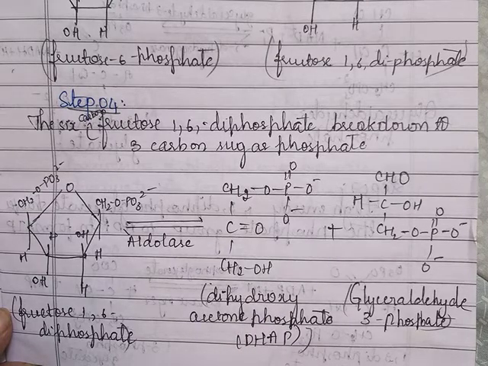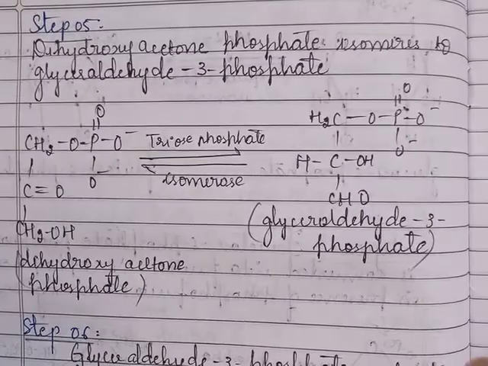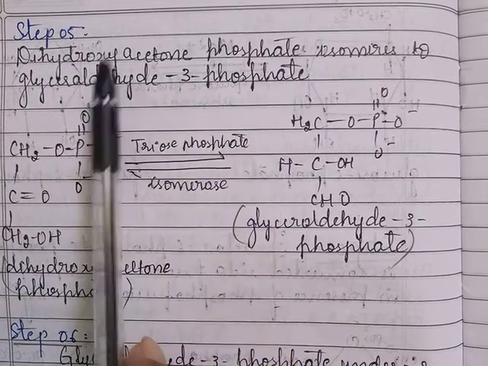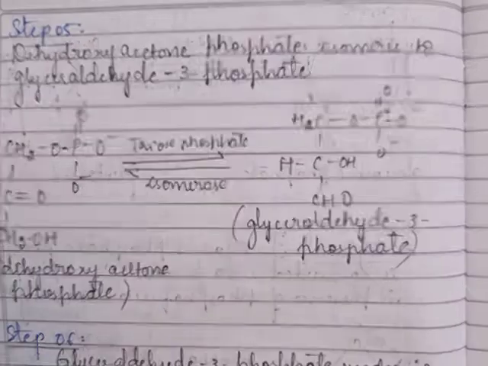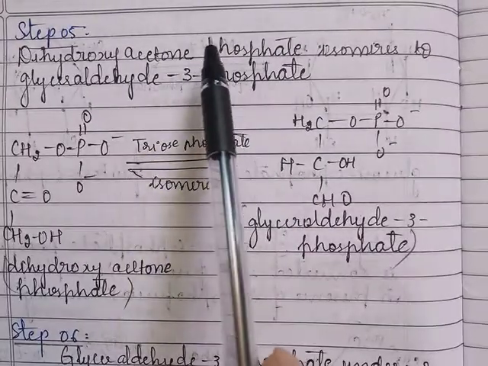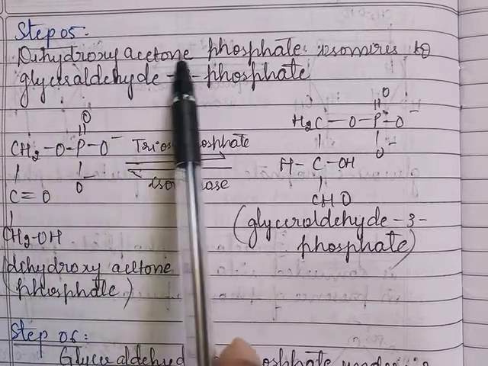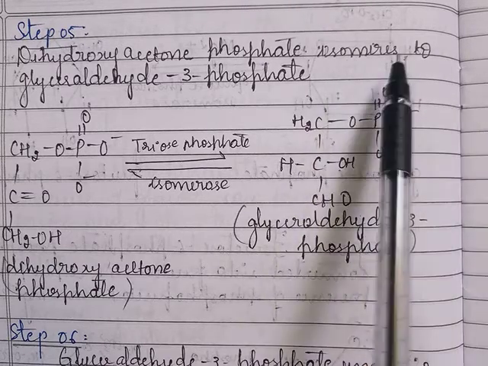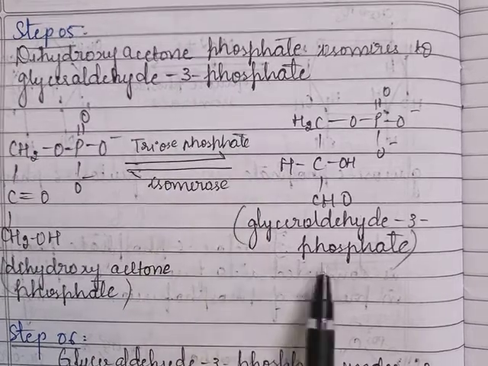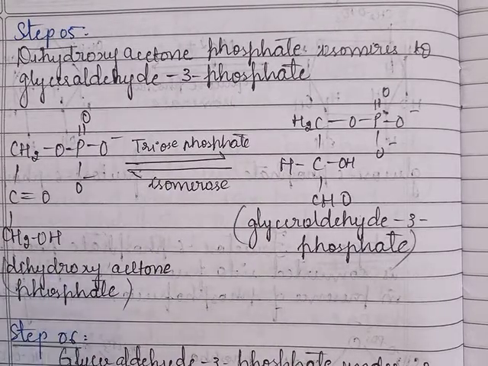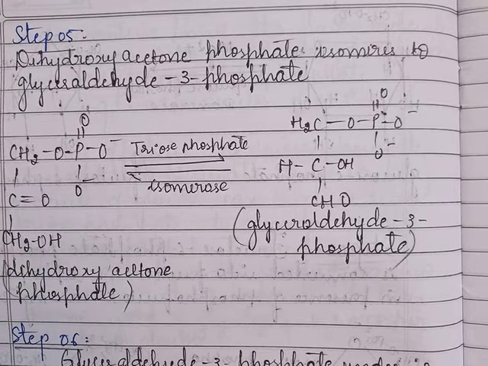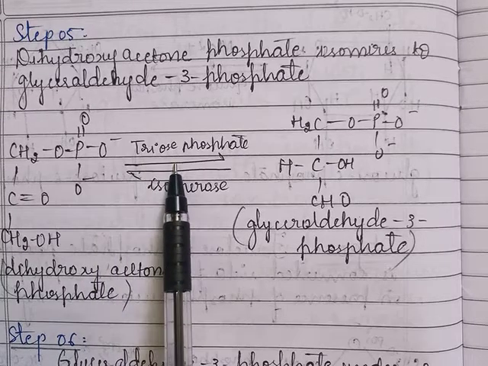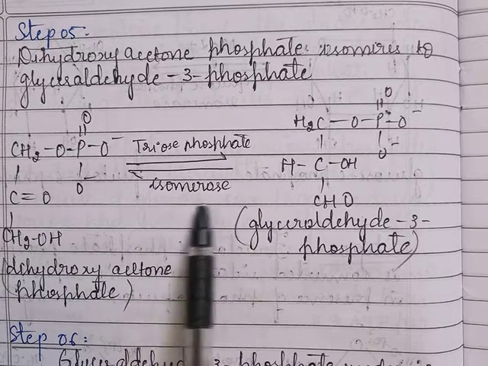So next let us see step number 5. In step 5, the dihydroxyacetone phosphate, which is formed in step 4, the 3 carbon containing sugar, DHAP, isomerizes to glyceraldehyde 3-phosphate. It isomerizes in the presence of the enzyme called triose phosphate isomerase.